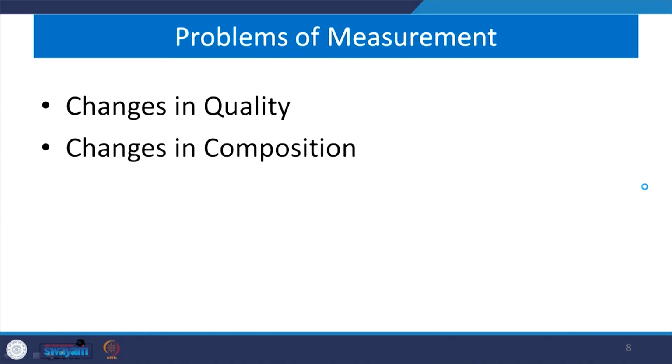And similarly, if there have been some changes in the composition of the product being imported or exported, we imported a product with a certain composition of its raw materials, but it has been found later on that the composition has been changed. So, these are not yet captured by different methods of our measurement.